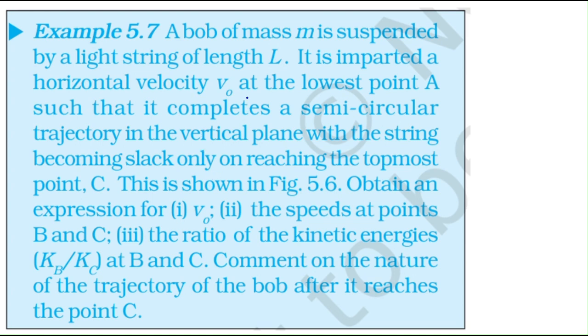Now, what is happening? A bob of mass m is suspended by a light string. Light string means we can consider the string to be massless, and the length of this string is L. Let's say this is the bob and this is the string of length L, and the mass of this bob is m.